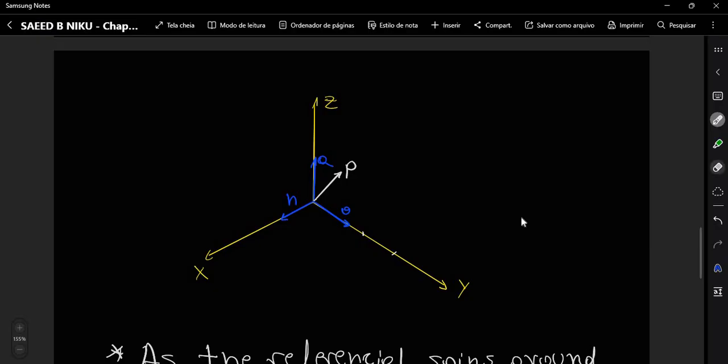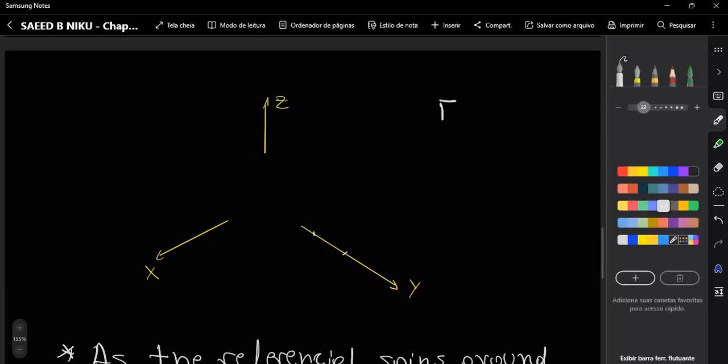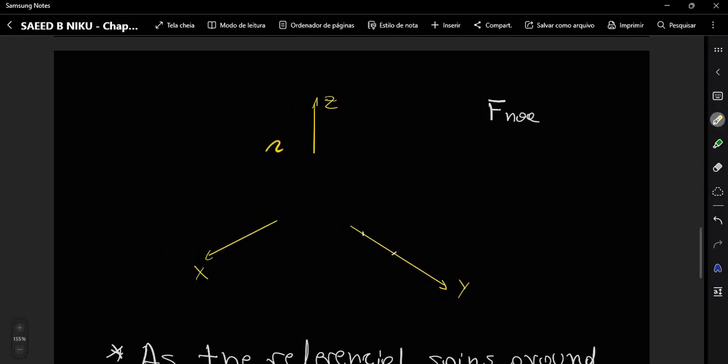I am going to have to erase this, because the ref system F NOA is changed as the pure rotation is being applied to this point or referential.